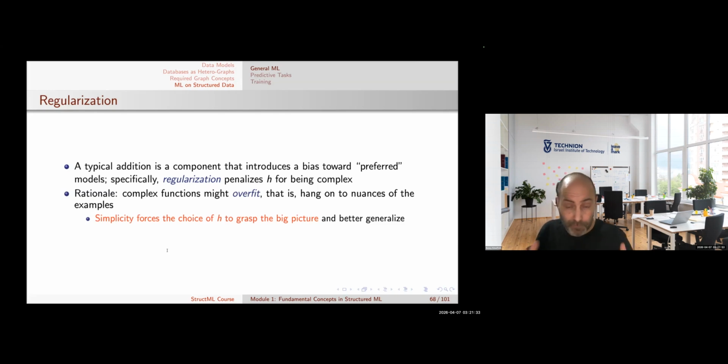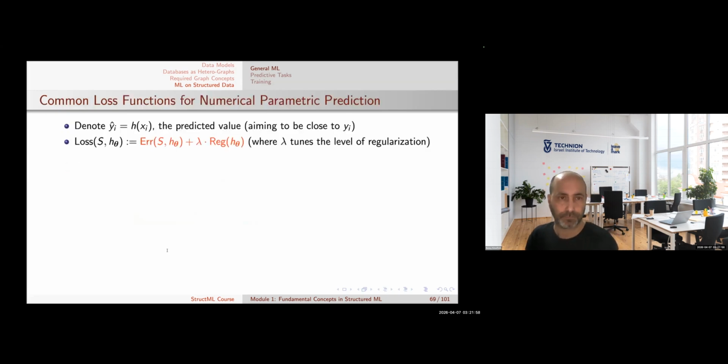And the rationale is that if your function is too complex, then it might overfit, it might hang on to the nuances of the examples. And if you force it to be simple, then you also force it to grasp the big picture that is expressed or shown in the examples of S, and thus better generalize.